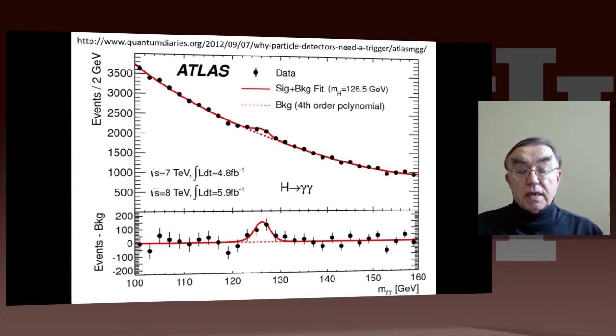And the way we analyze this is we do a model. The model is a smooth curve. That's the so-called background, represented as a polynomial in mass. We add to that a model for how the Higgs should look, which is a spike at a particular energy, smoothed, washed out by some smoothing effect, either from data analysis or decay.